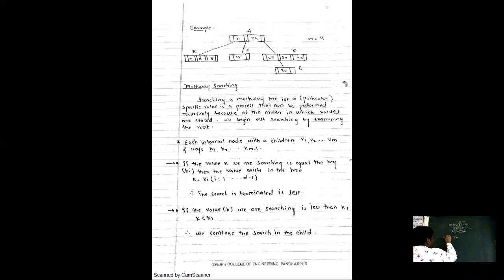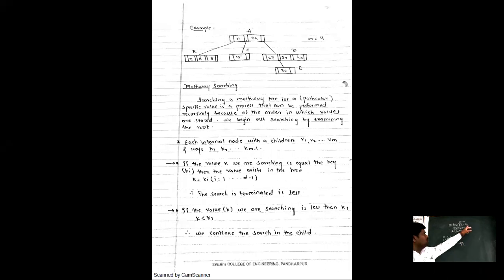So minimum m divided by 2 children for a single node, and minimum keys, m minus 1 divided by 2.